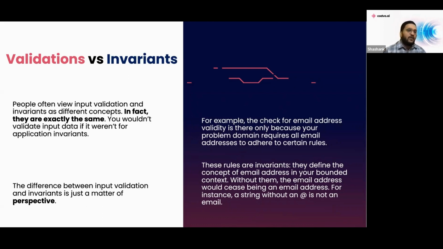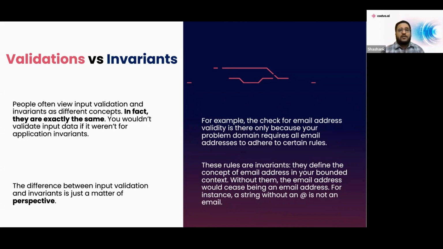You wouldn't validate input data if it wasn't for application invariants. For example, when you check email address validity, it's there only because your problem domain requires all email addresses to adhere to certain rules, right? So an email has a certain set of rules that it has to follow to be an email. And these rules are invariants.